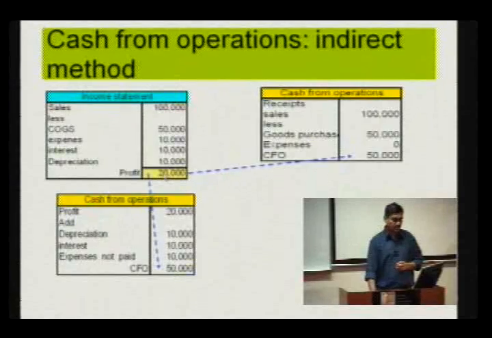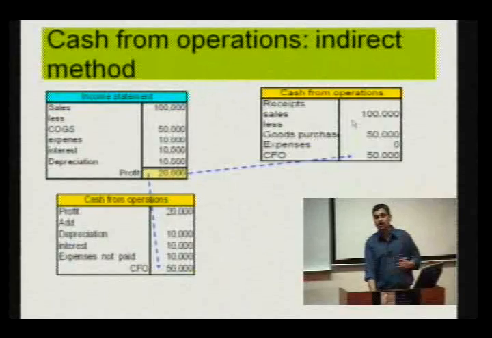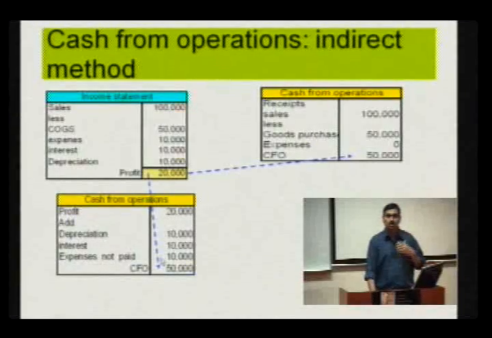So, that means the profit of 20,000 is there, but your cash from operation is 50,000, which can be found with an indirect method or which can also be found with a direct method. However, the indirect method answers this question, why CFO is not same as profit, whereas the direct method will tell you what are the cash inflows due to operations and what are the cash outflows out of operations.